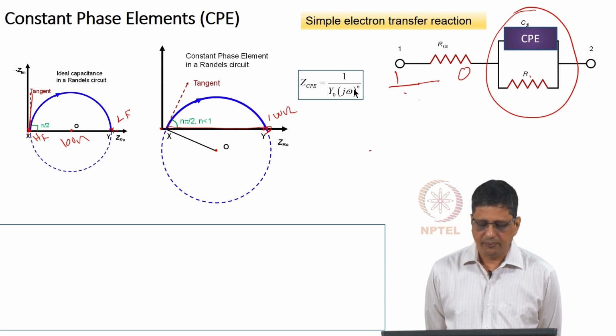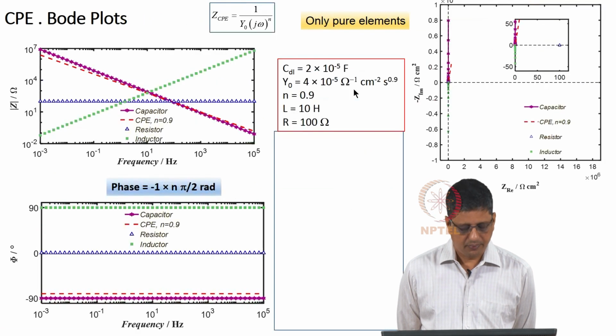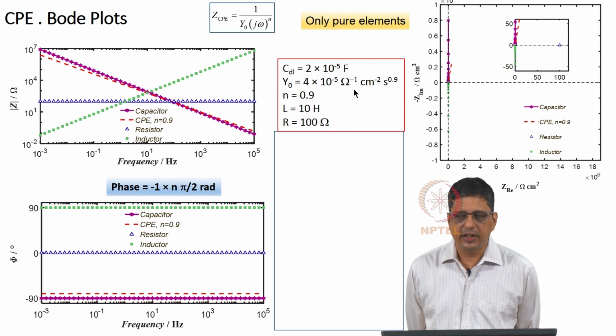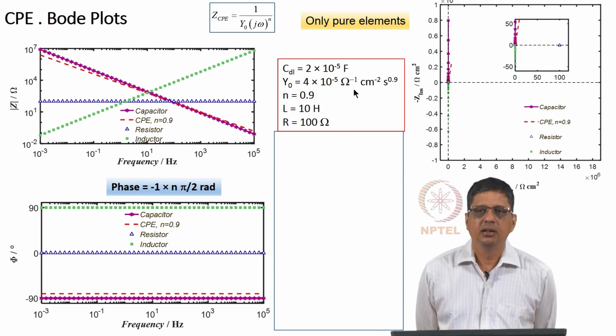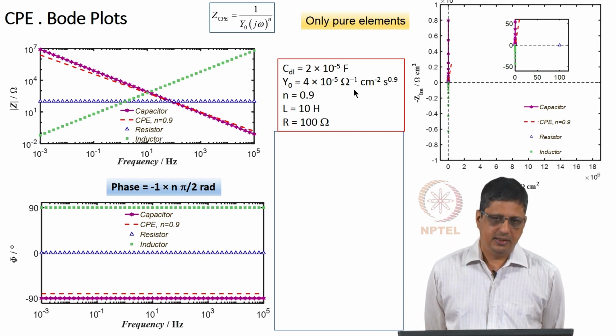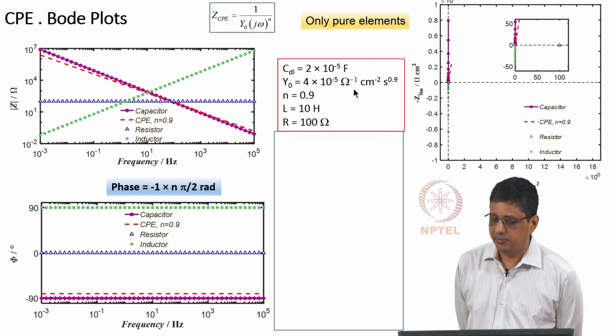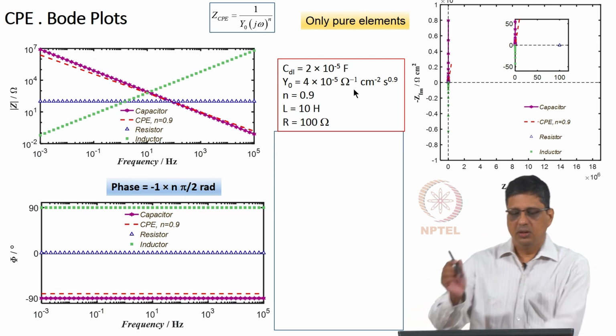Now, I want to show you how it looks if I take the pure element and generate the impedance for various frequencies and plot it in a Bode plot as well as in a complex plane plot. Okay.